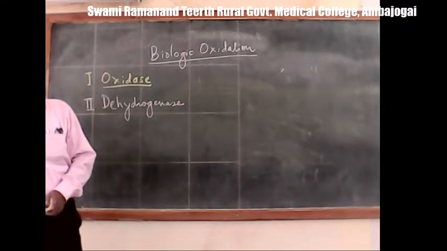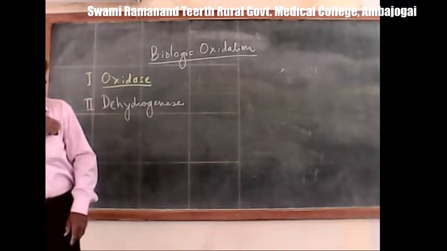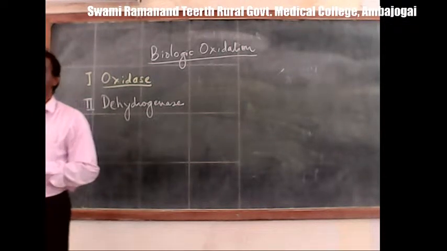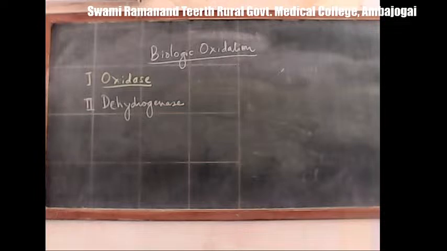As the name indicates, these dehydrogenases utilize hydrogen removal from their substrates, and the hydrogen is added to another substrate, so that one substrate is reduced and the other one is oxidized.